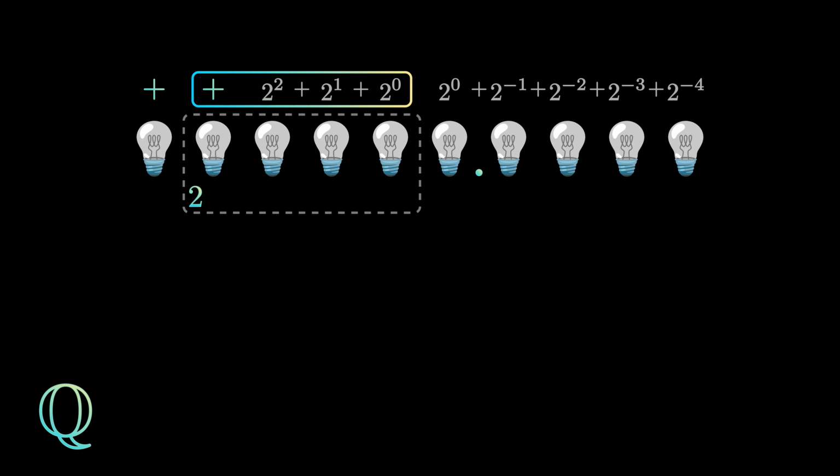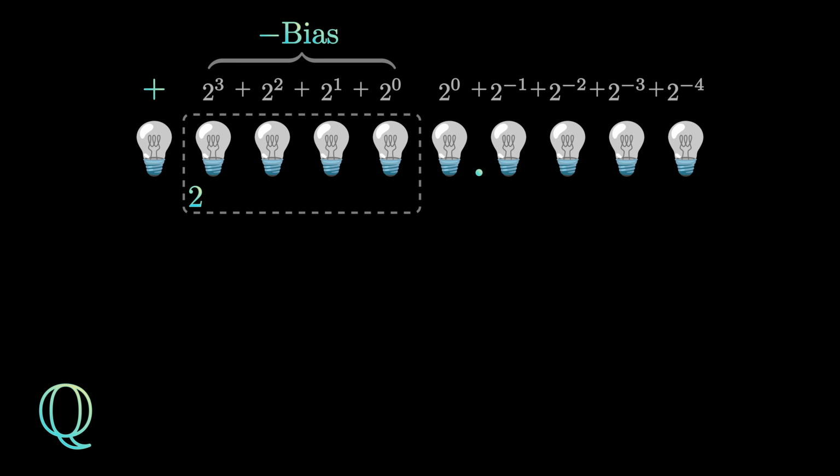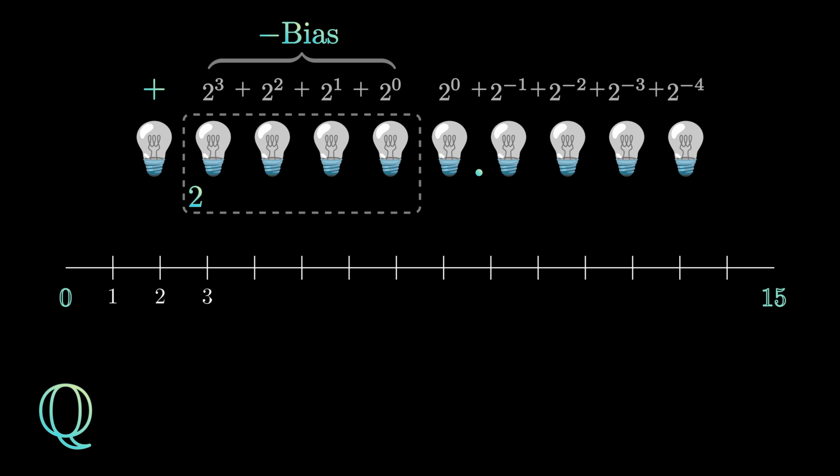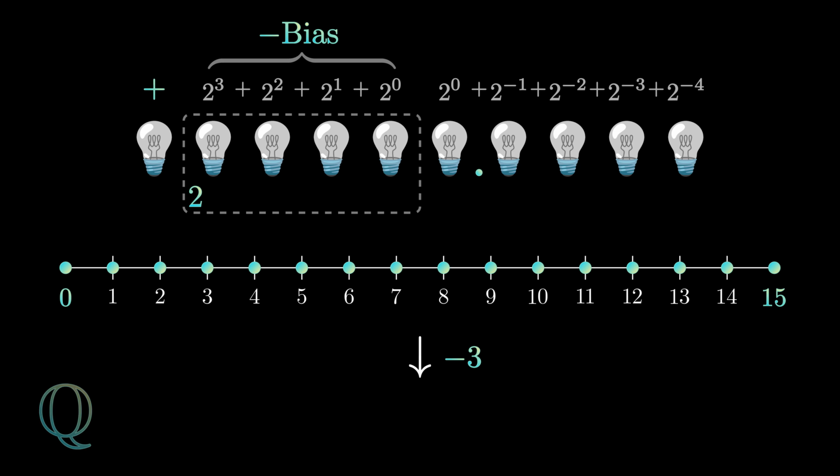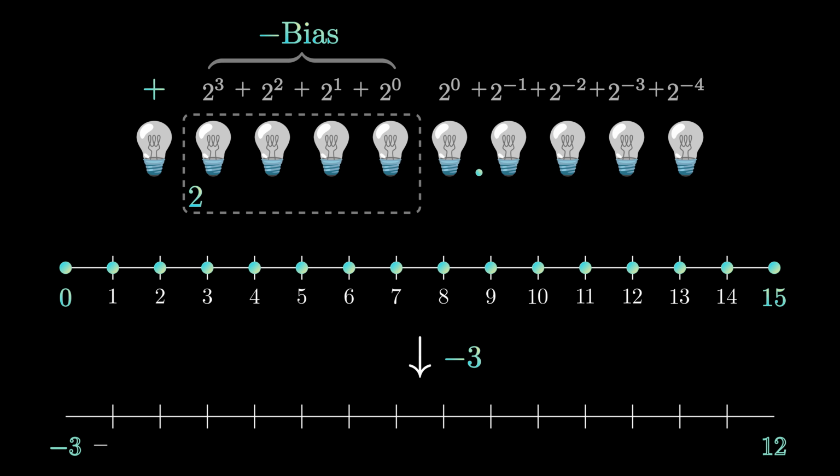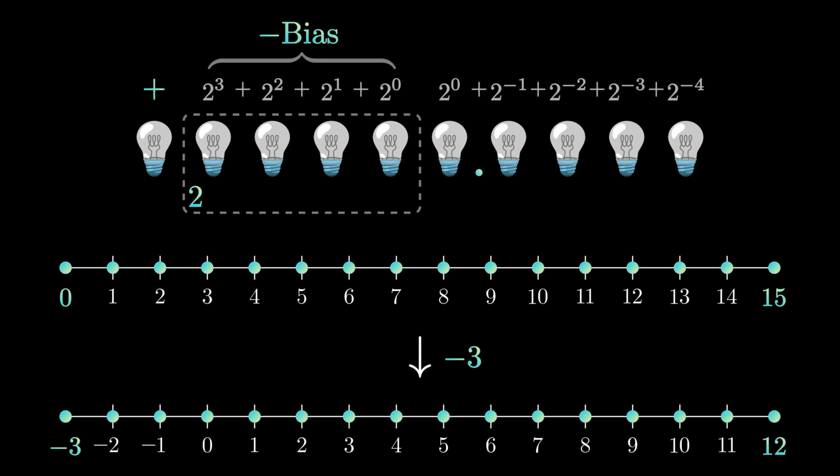What if we instead represent only positive numbers, but we always subtract a fixed value which we call bias? See, with no bias, we can represent the numbers 0 to 15 with those 4 light bulbs, all of which are unique. If we subtract a fixed value like 3 from each number, we can represent numbers from -3 to 12 without having a double 0.